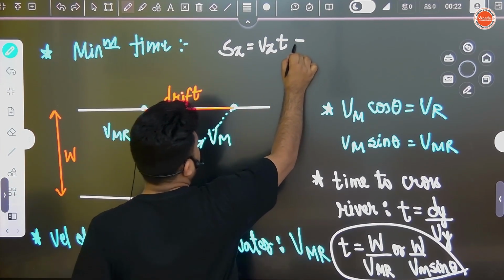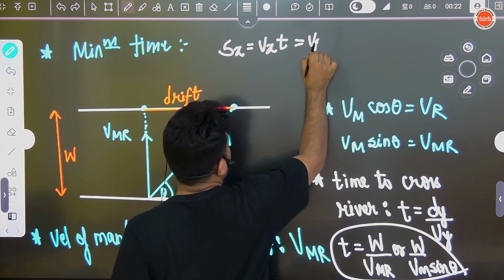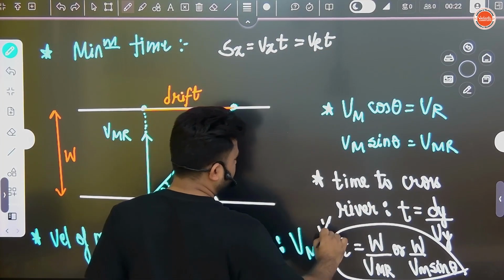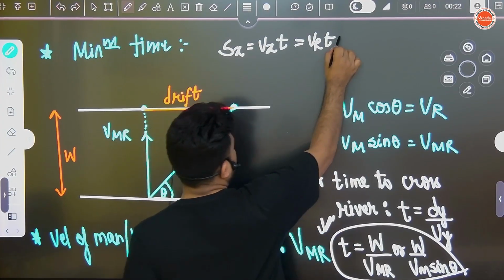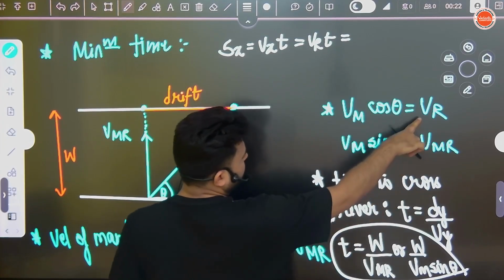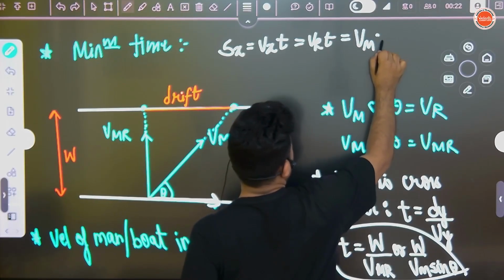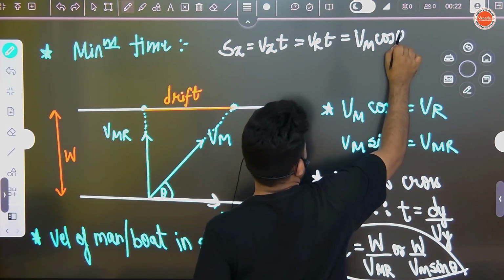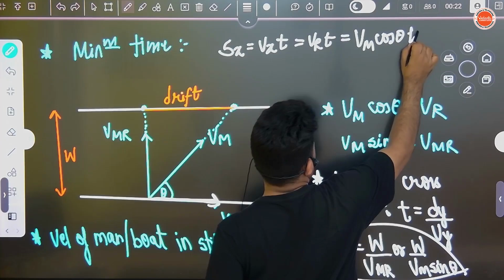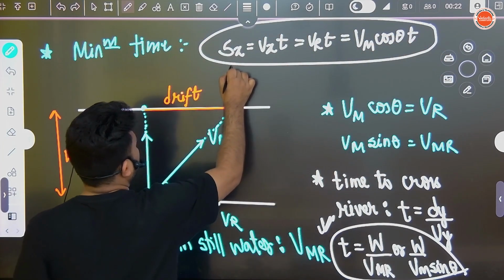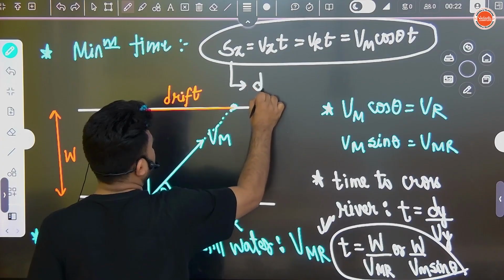So you will write VR into time. Time we calculated, not this time. Achha, what is VR? We can write Vm cos theta. Vm cos theta into time. This will be the displacement in x direction, or this will be the drift.